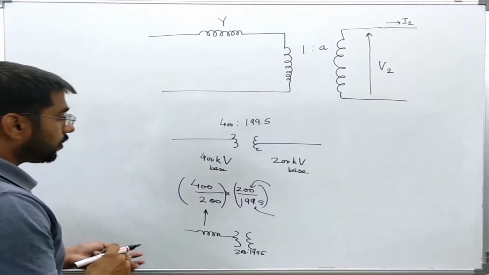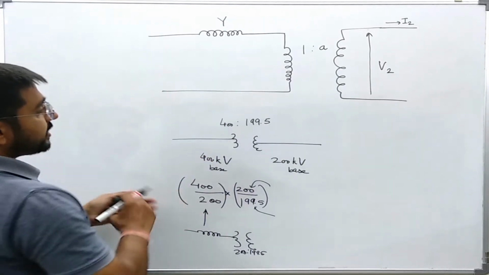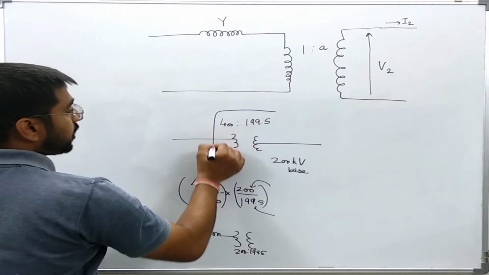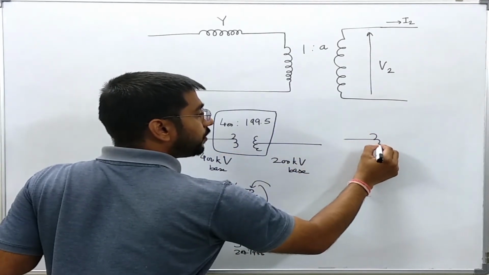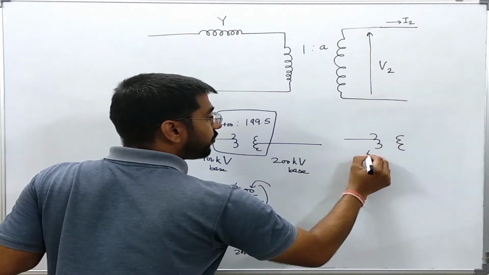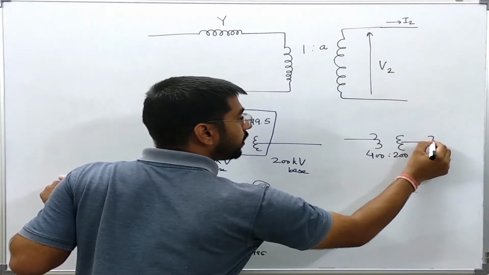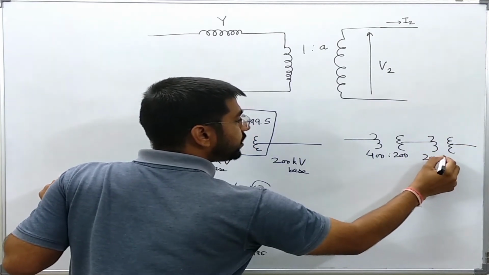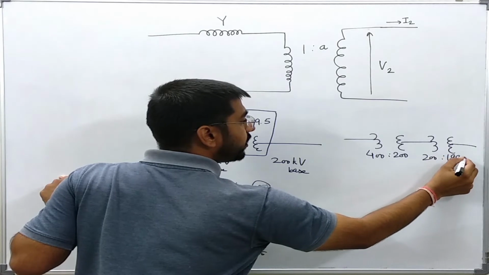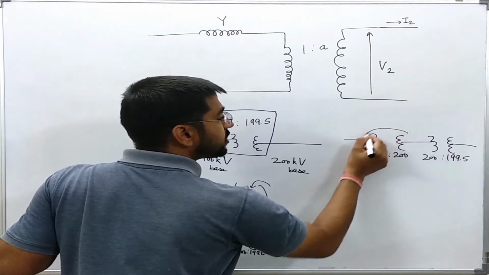Okay, so what I have done here is that I have changed this kind of transformer into a transformer having 400:200 and another having 200:199.5, and all the non-ideality has been shifted to the first transformer.